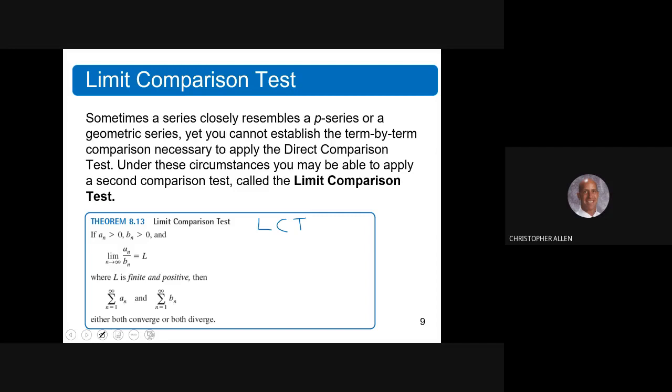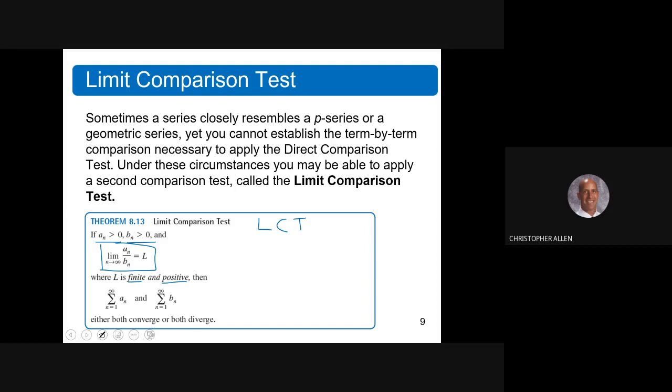And here's what it says. Here are the requirements. We just need both the a sub n and the b sub n to be greater than 0. And, keyword is and, if the limit of their ratio is equal to L, which is a finite positive number, then they both either converge or diverge.